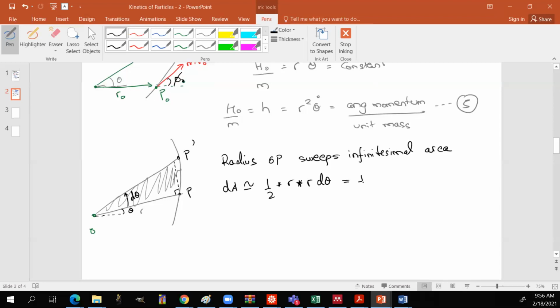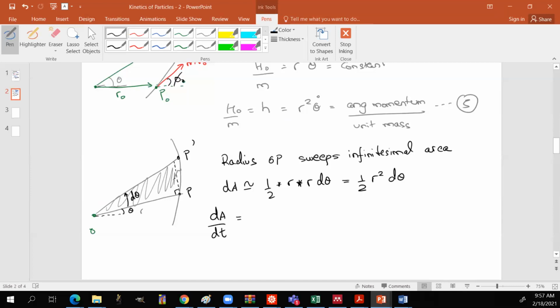So this becomes equal to half times r squared d theta. Next, when we're looking at Kepler's law, what we look at is the areal velocity. So you take the derivative of your infinitesimally small area with respect to time.